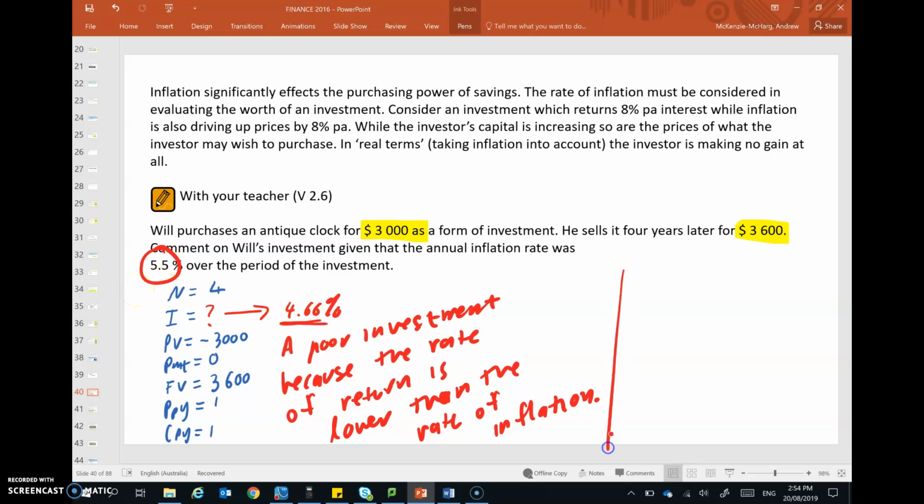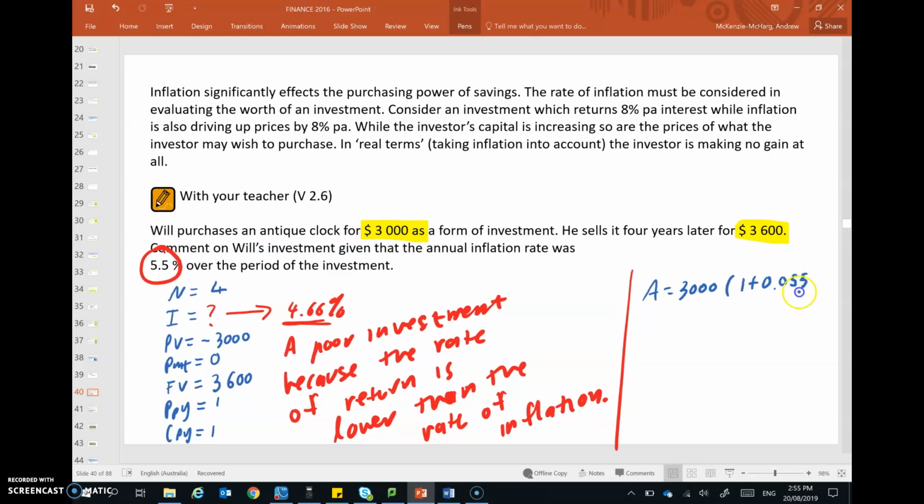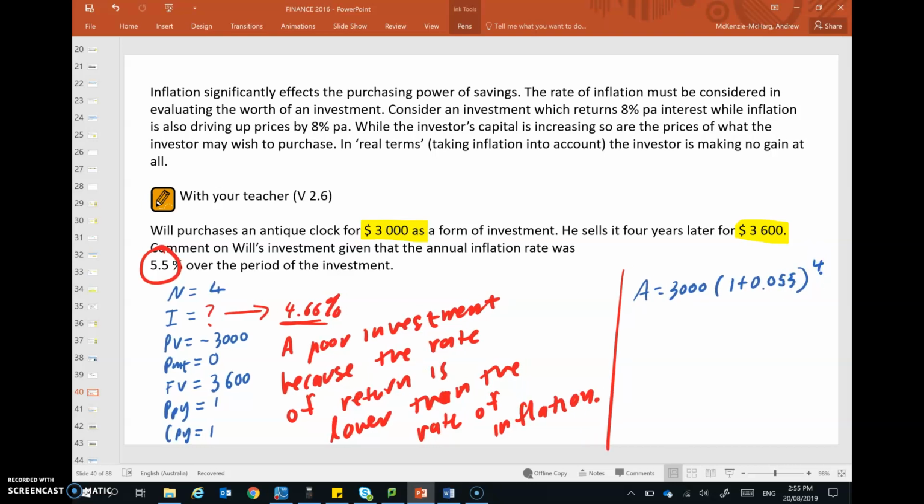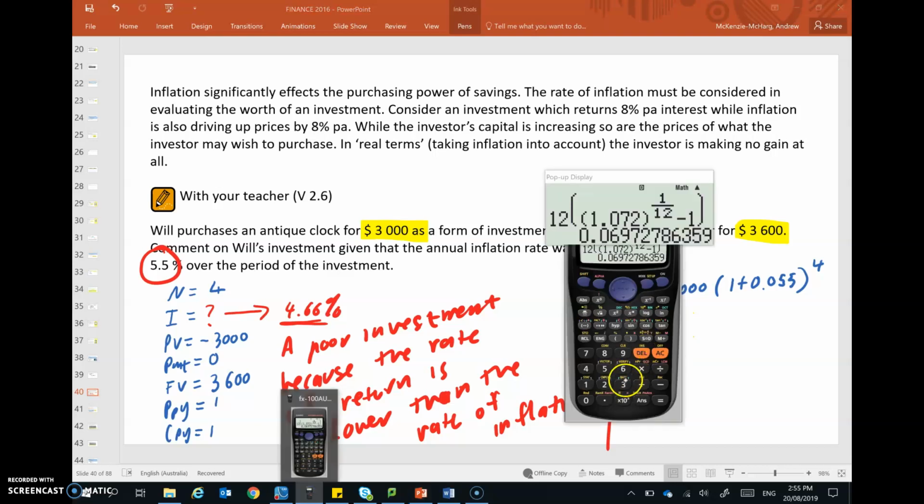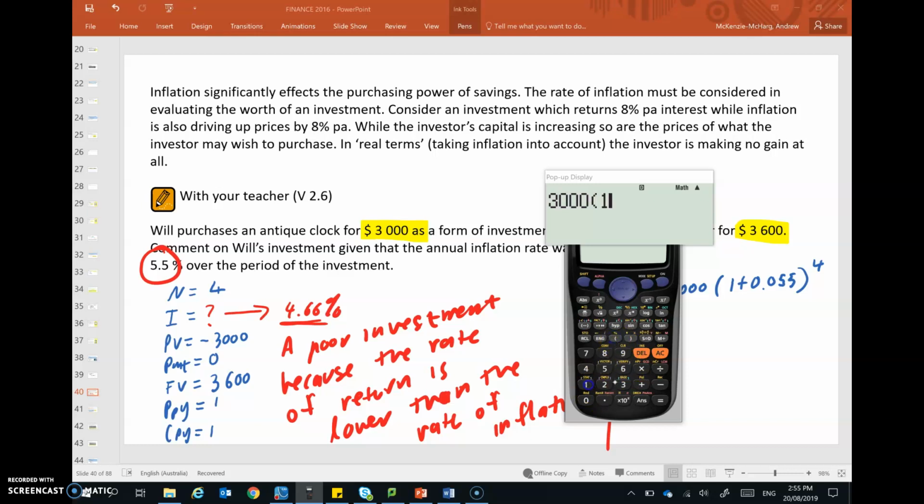Now, the other way you could do this comparison is to say, okay, let's say that Will was investing that $3,000 compounding annually. What would it need to grow to just to keep up with inflation? So we put the rate of inflation in here, 0.055 for 4 years. I'm just using the compound interest formula to see what that $3,000 needs to grow to. So 3,000 bracket 1 plus 0.055 to the power of 4.